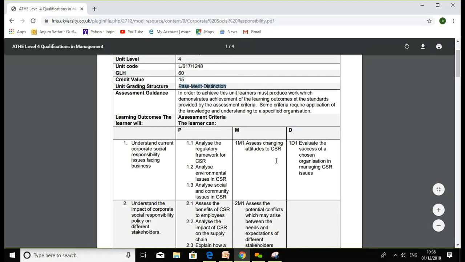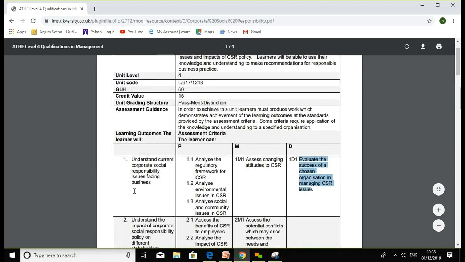It depends where you want to be, so please focus on the assessment criteria. If you are expecting a distinction in your assignment, make sure we work up to that level to achieve those grades.